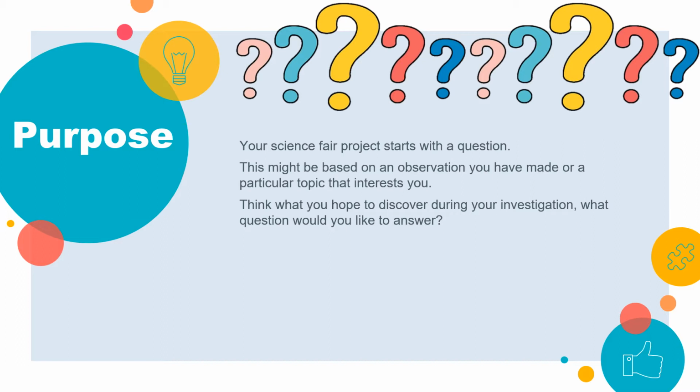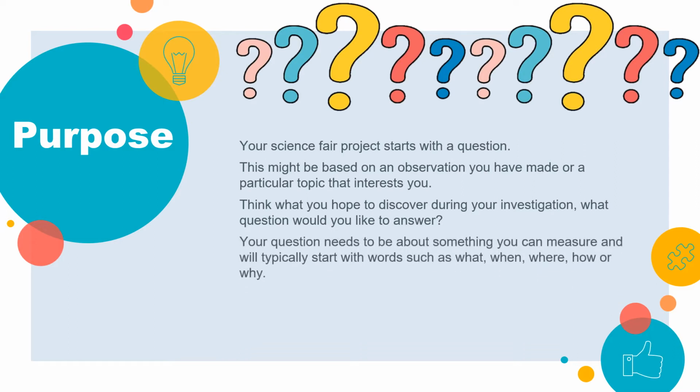What are the questions that you would like to answer? Your question needs to be about something you can measure and will typically start with words such as what, when, where, how, or why. So, in the purpose, it is the question that you're going to be answering with your experiment.